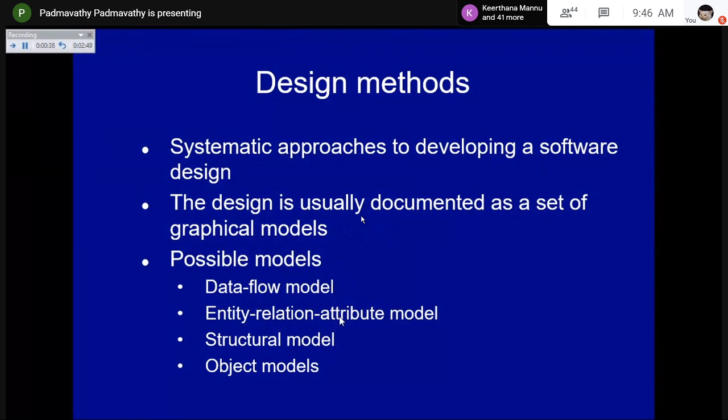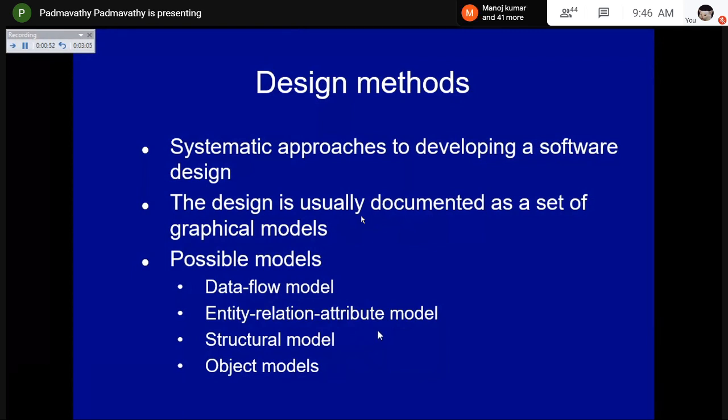Hope you have studied this in your DBMS ER models. Then the structural model and object models. These are the various possible models which have notations, and these diagrammatic representations are documented in the design team, in the design stage.